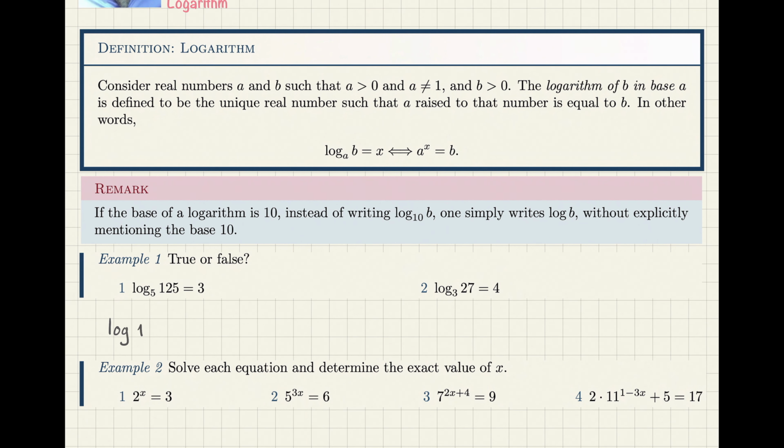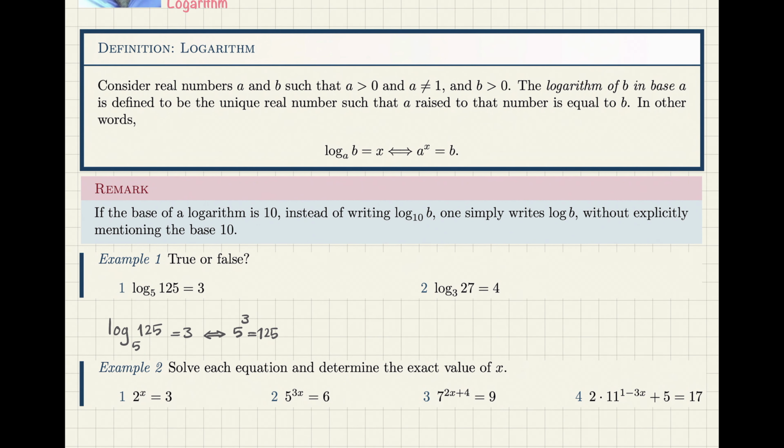The log of 125 in base 5 is equal to 3. This statement is equivalent to the statement that 5 to the 3 is 125.